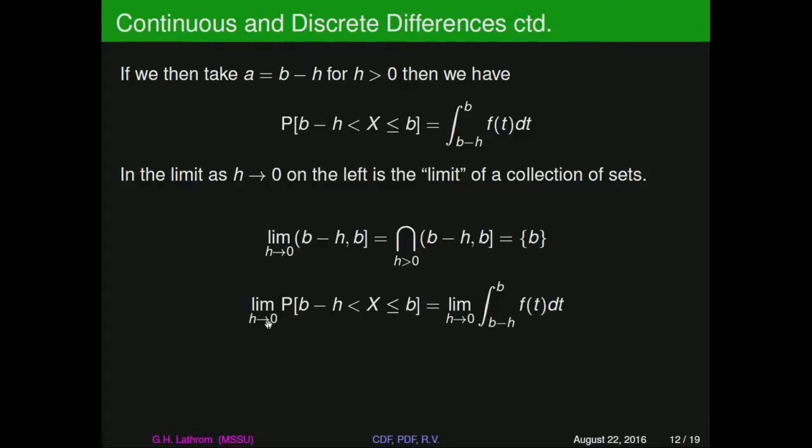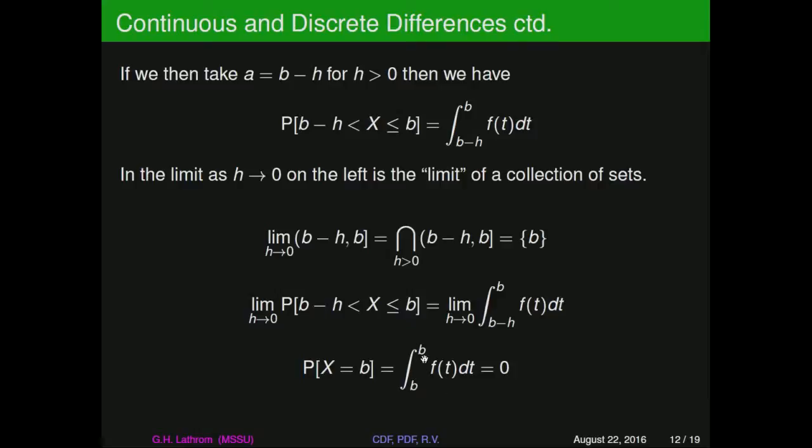And so if we do the limit as h goes to 0 of the probability of these sets, it's going to be the limit as h goes to 0 of these integrals. And so what happens on the left, we get the probability that x is equal to a single value is going to be the integral from little b up to little b of f of t dt.